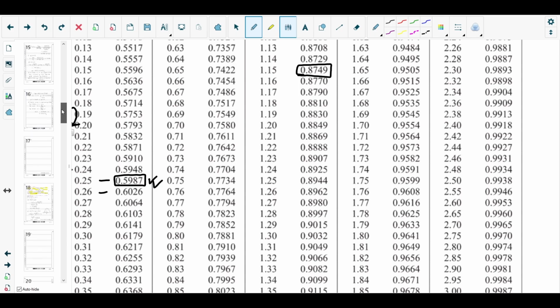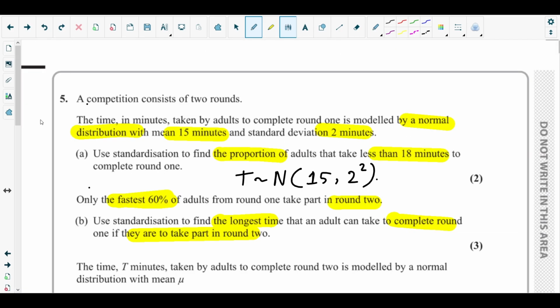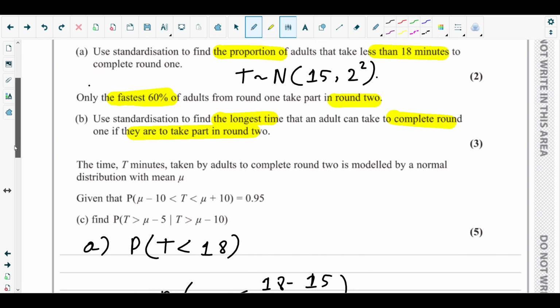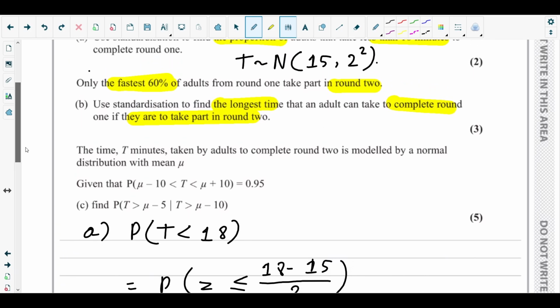Okay, so let's see part C. What's part C asking? We are done with part B. For part C, they say the time t minutes taken by adults to complete round 2 is modeled by a normal distribution with mean mu.